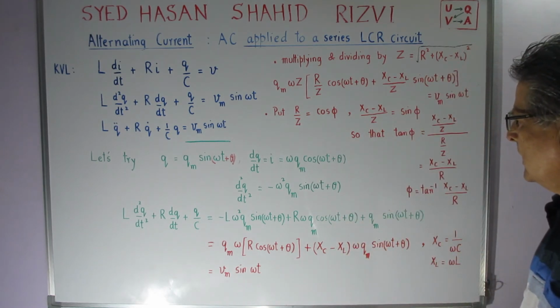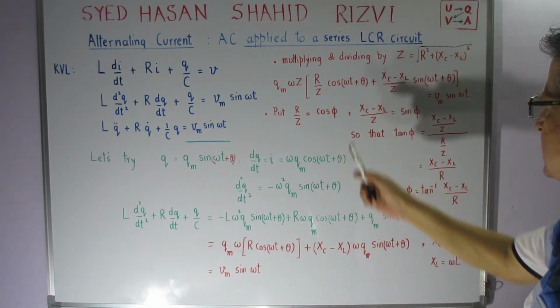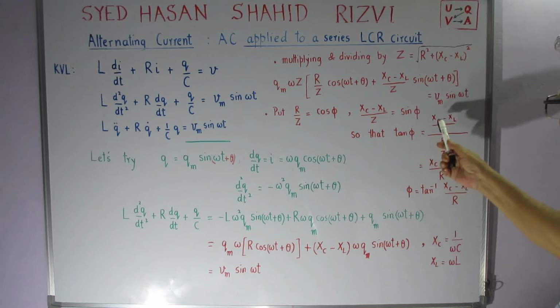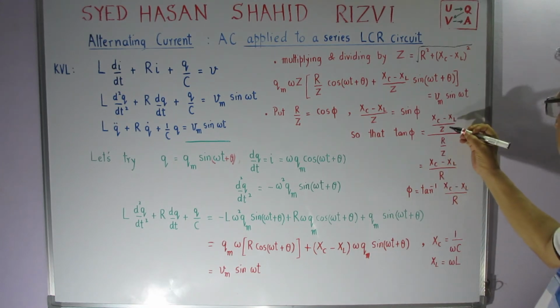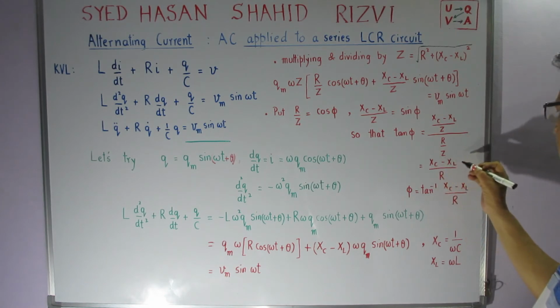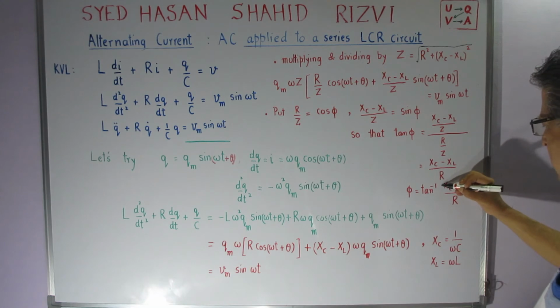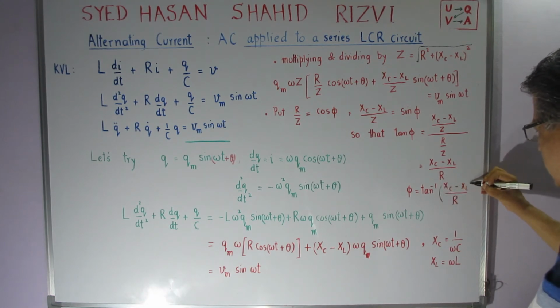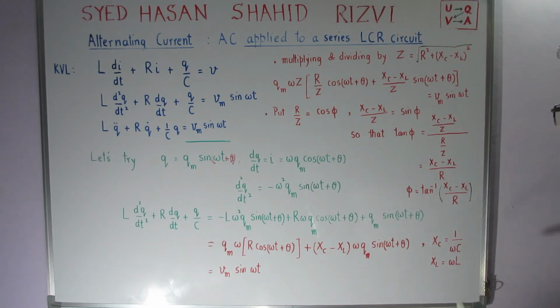So tan of phi, this divided by this, turns out to be equal to xc minus xl upon z divided by r by z, and z cancels out, so xc minus xl upon r. So my new angle phi becomes equal to tan inverse of xc minus xl upon r.